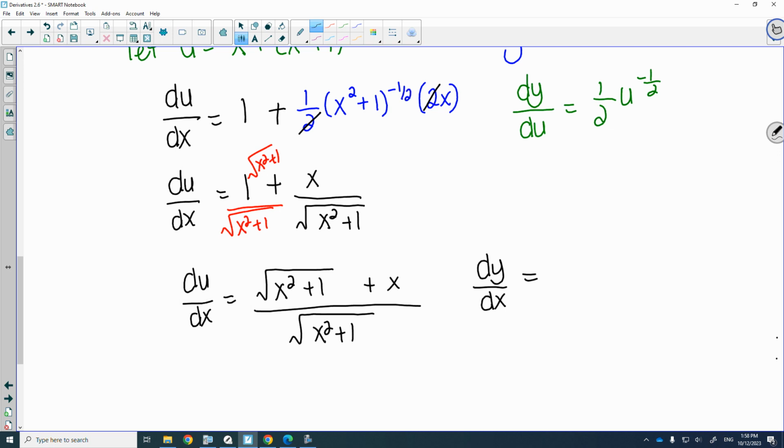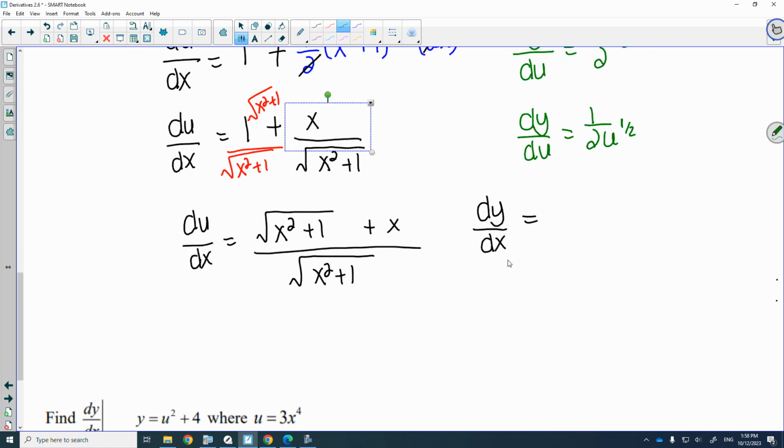is going to be equal to, oh, and let's just rewrite this one with our 1/2. Let's just bring our u down here to the 1/2. Okay, so it's going to be this function.